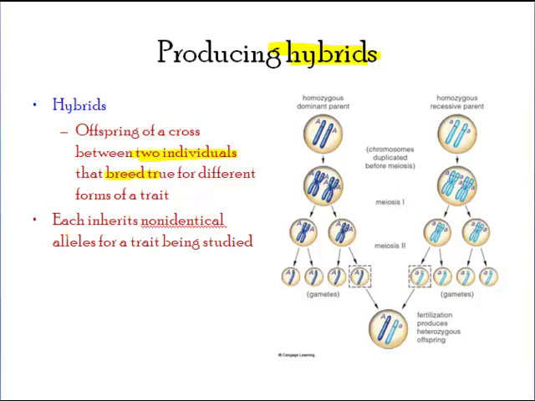The reason this happens is because during inheritance, an allele is a characteristic that is holding a trait, and that allele is passed on from the parental generation to the offspring generation.